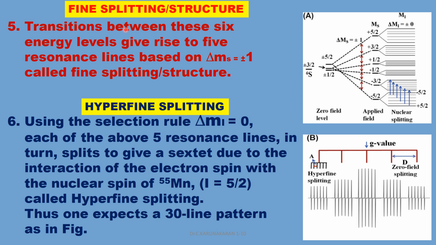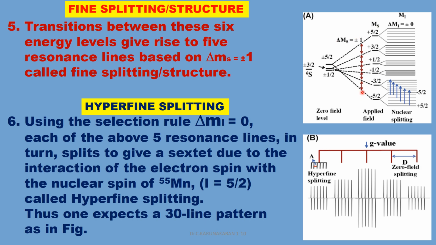Now let us see what is called fine structure, what is called fine splitting. The transitions observed between these 6 levels give rise to 5 resonance lines using the EPR selection rule, delta ms equal to plus or minus 1.